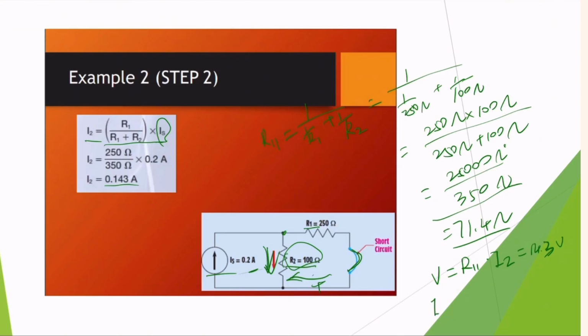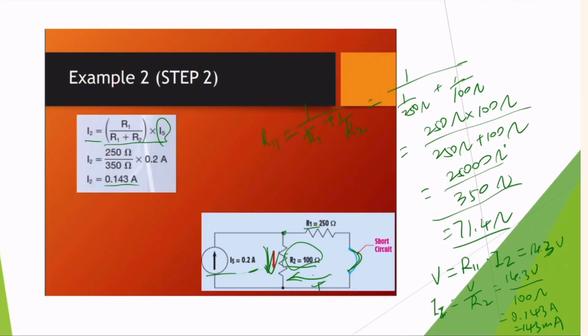And we can get the current for I2. It'll be E divided by R2. So that's 14.3 volts divided by 100 ohms. That also gives us 0.143 amps, or 143 milliamps.